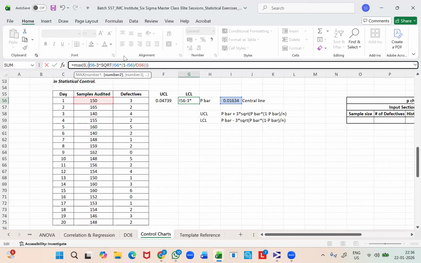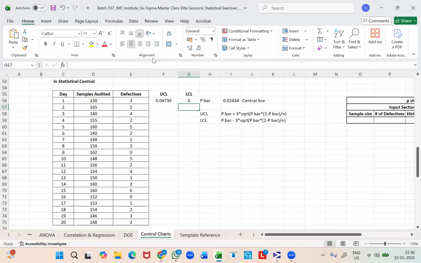Let me freeze the P bar value in this formula, which is going to be constant for all the days. Since it's a negative value, it has picked 0 as the correct value.